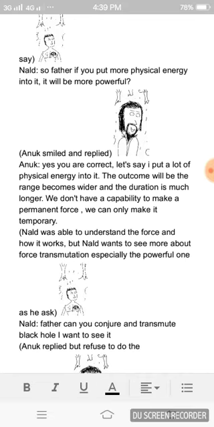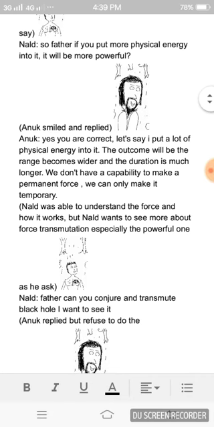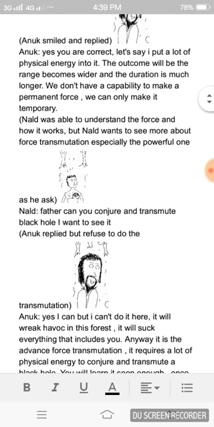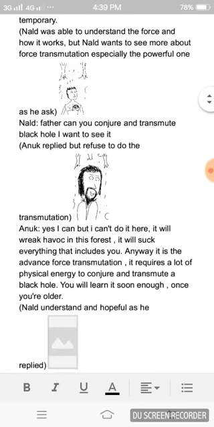Nald wants to see more about force transmutation, especially the powerful one, as he asked, "Father, can you conjure and transmute a black hole? I want to see it." Anuc replied but refused to do the transmutation. "Yes, I can, but I can't do it here. It will wreak havoc in this forest.